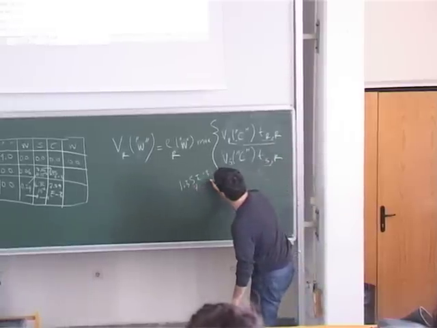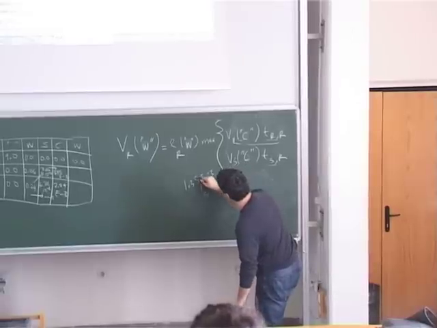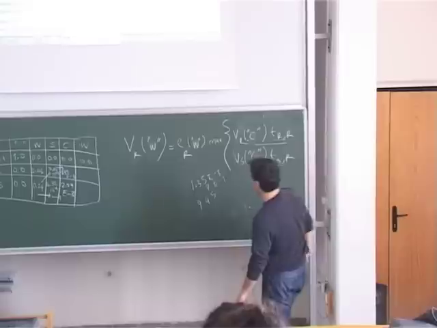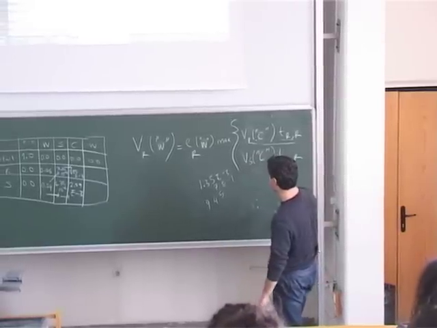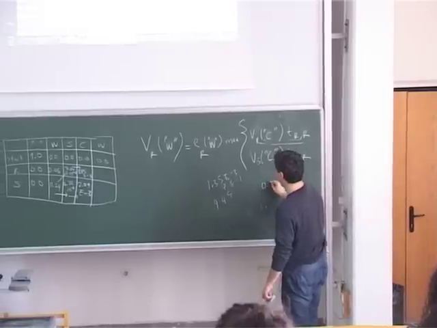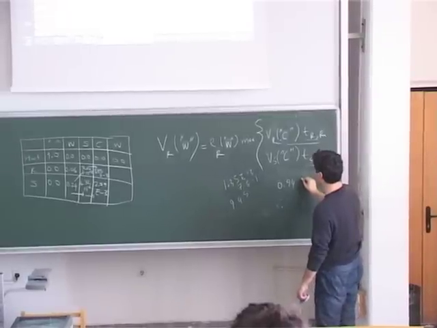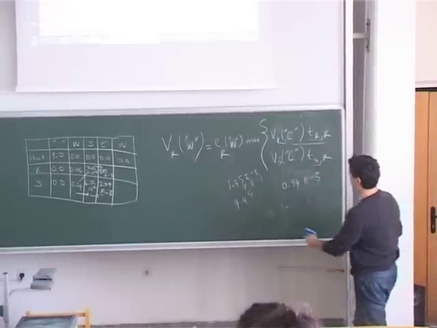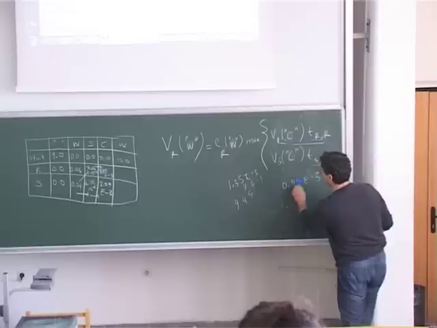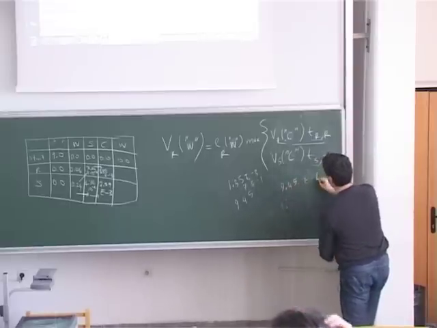If you multiply it with 0.7, it's going to be 0.94 e to the minus 3. Or you can have it 9.45 e to the minus 4.